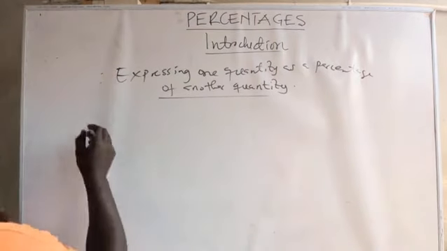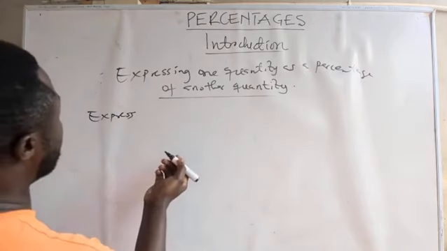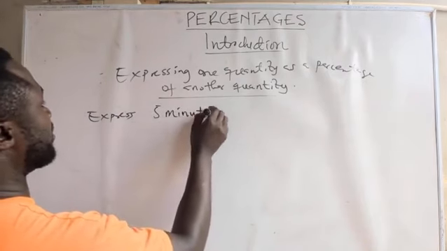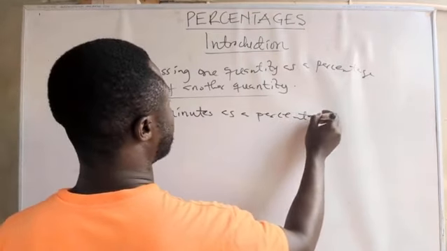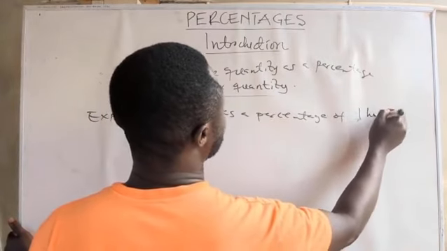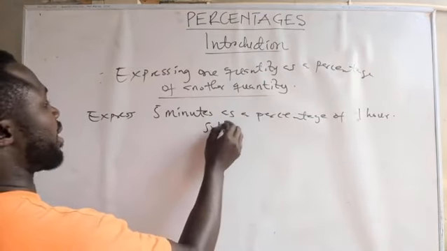So, example: express 5 minutes as a percentage of 1 hour. You are going to express 5 minutes as a percentage of 1 hour.